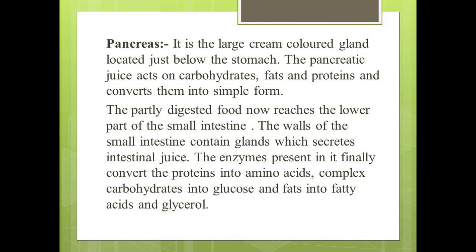The walls of the small intestine contain glands which secrete intestinal juice. The enzymes present in it finally convert the proteins into amino acids, complex carbohydrates into glucose, and fats into fatty acids and glycerol.